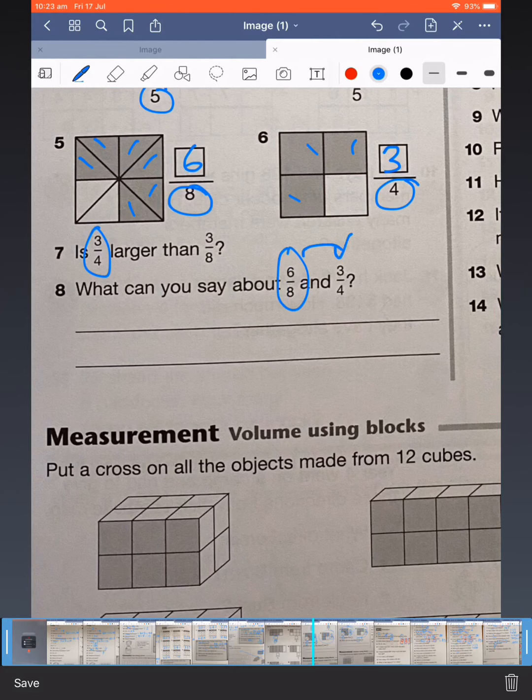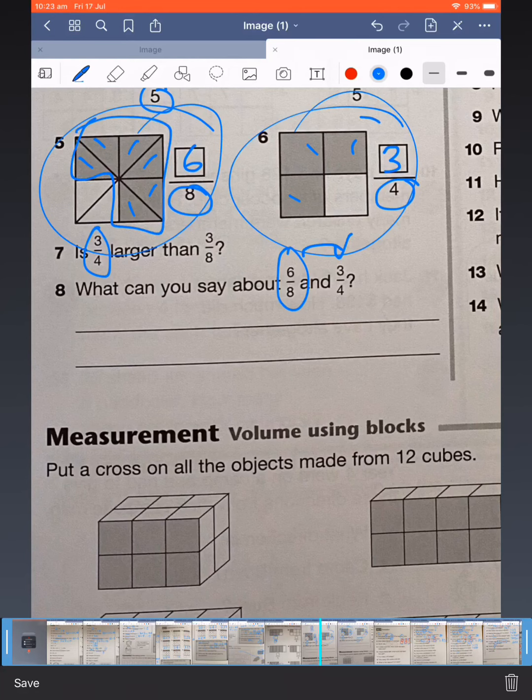So let's have a look at this question and this question. The fraction is actually different, 6/8 and 3/4. Okay, the fraction is different, but ignore all the little lines that show the different parts, and just look at the shaded parts. It's actually the same amount. So this is the same as this. These fractions are actually equal to each other. 6/8 and 3/4.